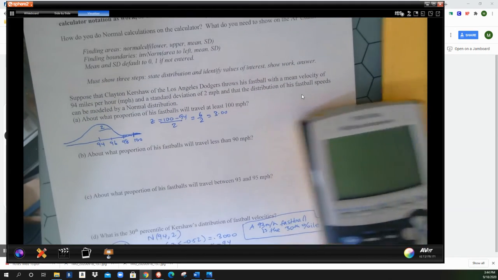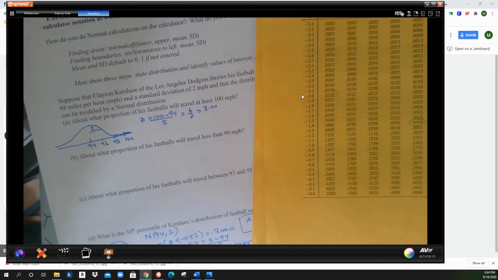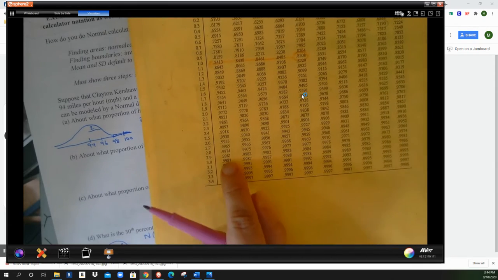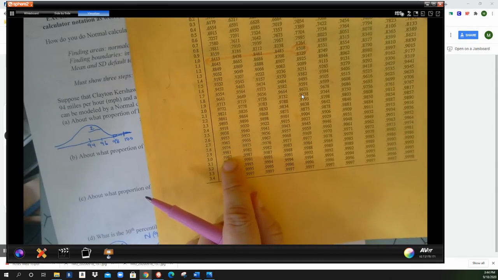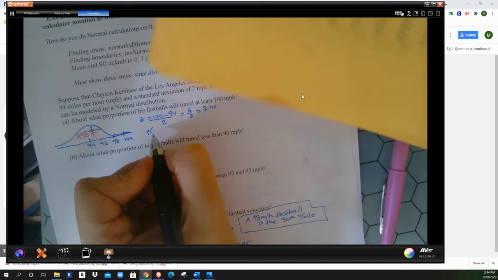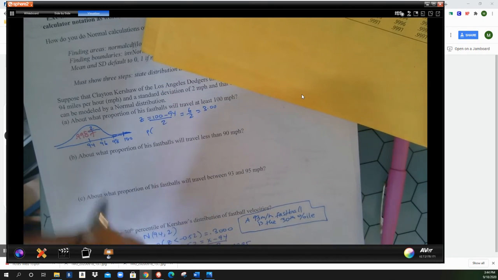Now, if I was to use the table, kind of make this all fit together, make sure I understand what's happening, which is what I'm asking for in the work you show me. 0.99987, obviously not what I'm shading right now. That's this side. Whenever I look these up, I'm connecting the z-score with the percentile that I'm looking up.